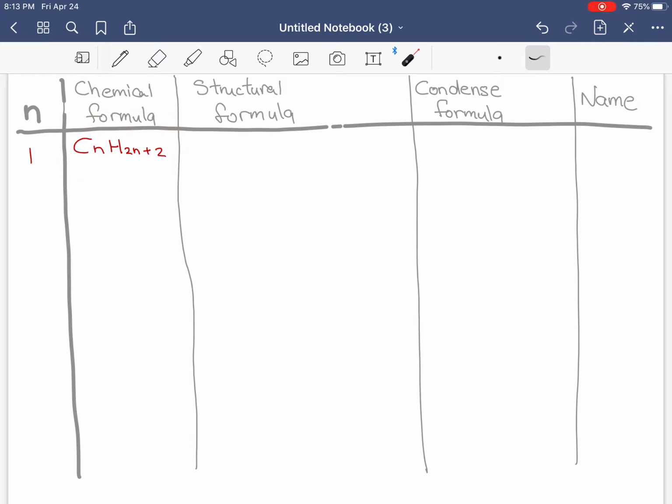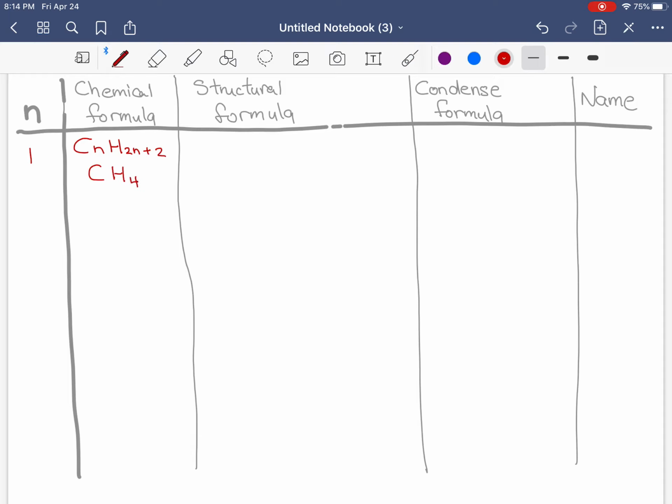So we'll use it. If n is equal to 1, what would the chemical formula be if we were to follow this mathematical formula? Well, C1, which we never indicate the 1, H 2n+2, so 2 times 1 is 2, 2 plus 2 is 4. Oh, CH4.